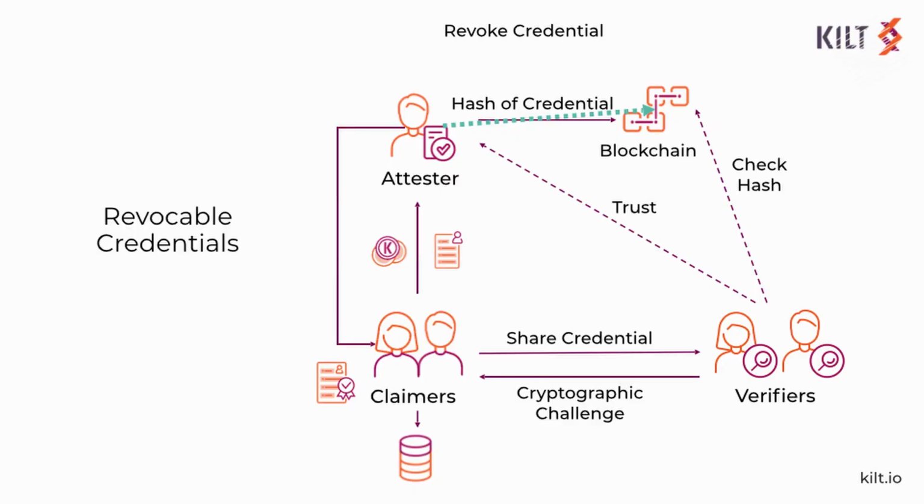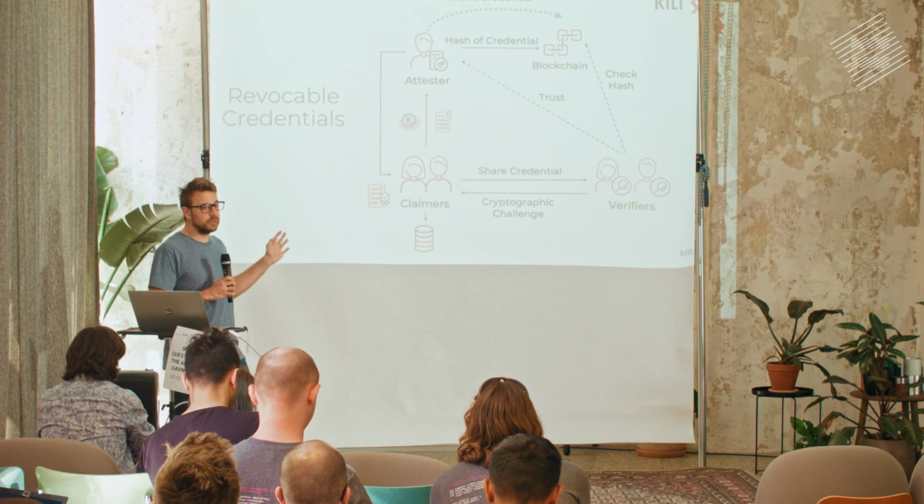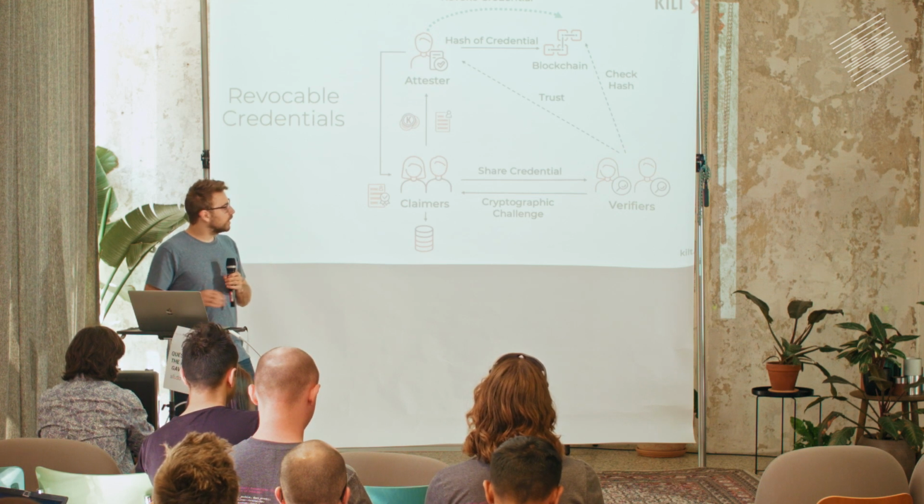Whenever the attester needs to revoke that credential, because maybe you drove drunk or something, and he wants to keep his reputation as he manages his attestations, he can simply revoke that credential on the blockchain. When you go to a verifier, the verifier can check if this hash is still on the blockchain or flagged as revoked. This is the basic process that we implement in Kilt.